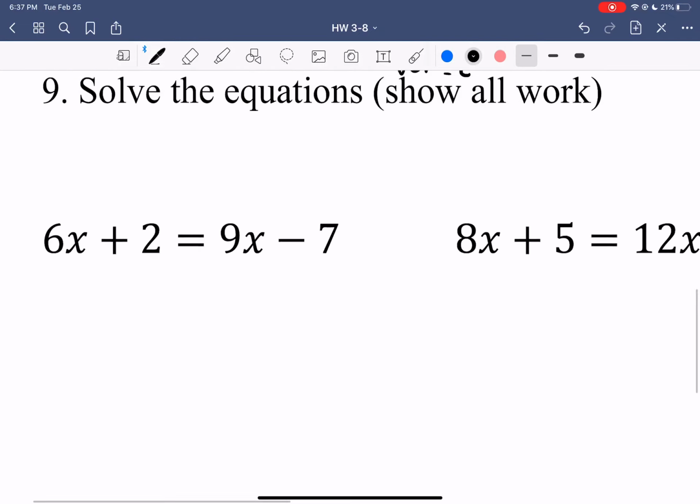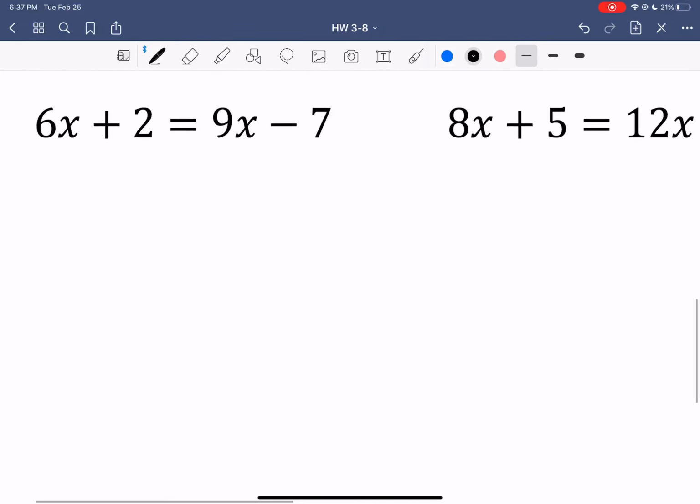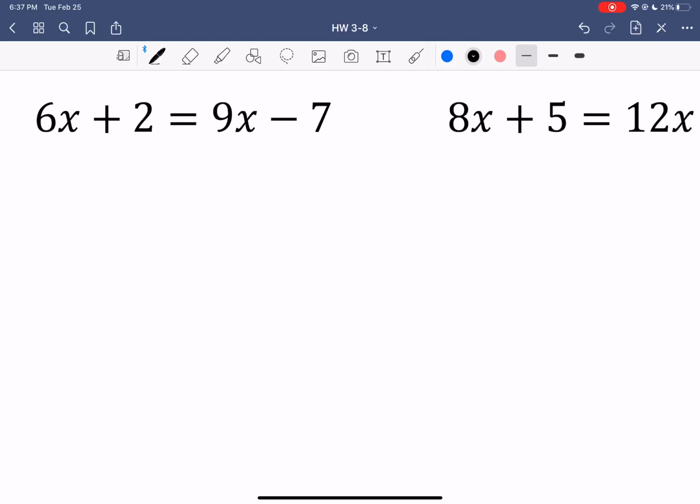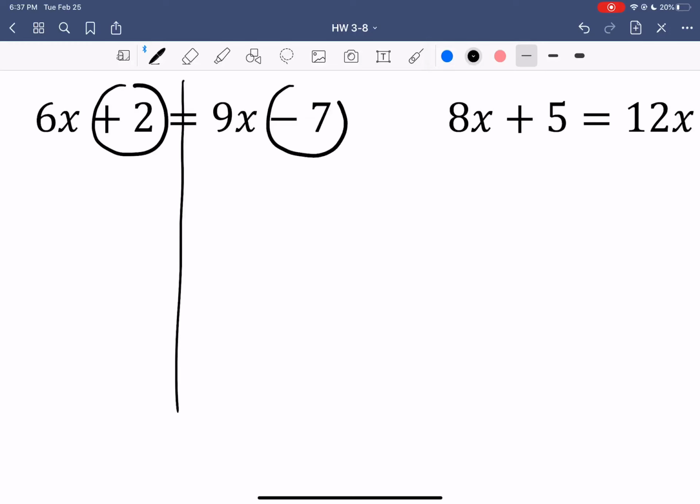All right, this is my favorite here. We're going to solve some equations. So draw our line down the middle, and we have to first get our like terms together. So we need to circle our constants and box our variables, right?